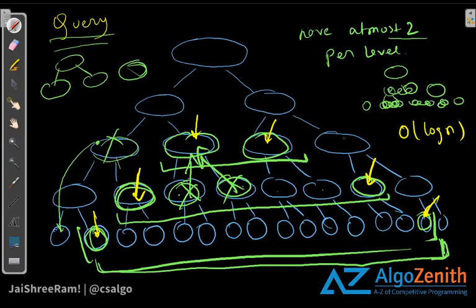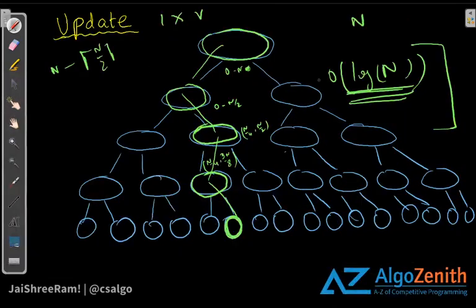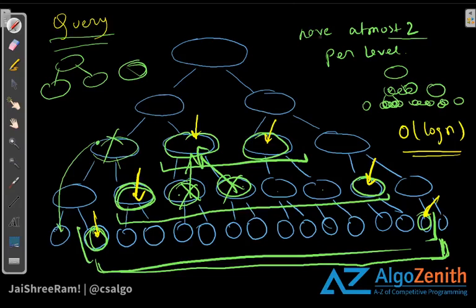So you can use order log n nodes to find the sum of any range in the segment tree, in the base array. So this is the total idea of the segment tree, that we get order log n in update as well as order log n in query, right?